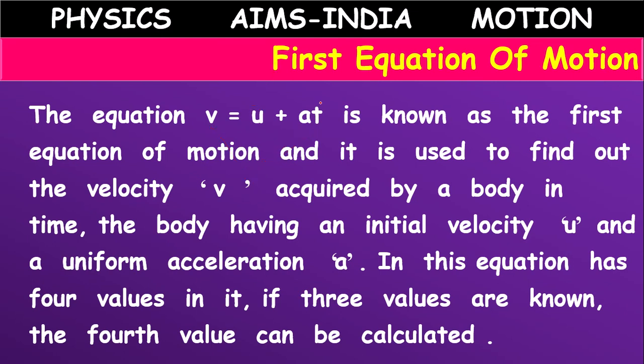Like that, out of four quantities, if three quantities are known, we can calculate the fourth quantity with the help of this formula. And displacement is not involved in this equation.